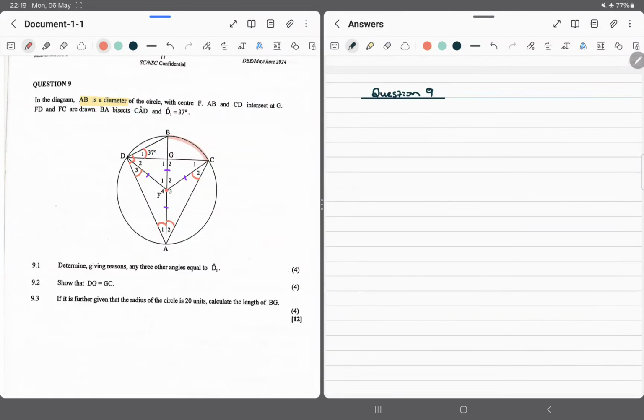Those become isosceles triangles. And if we look at these two, they are simply congruent. Why? Because you can see that this side is equal to that side, that angle is equal to that angle. So literally, these are congruent triangles.